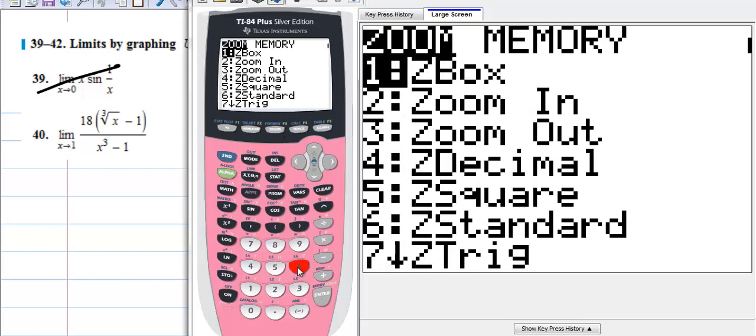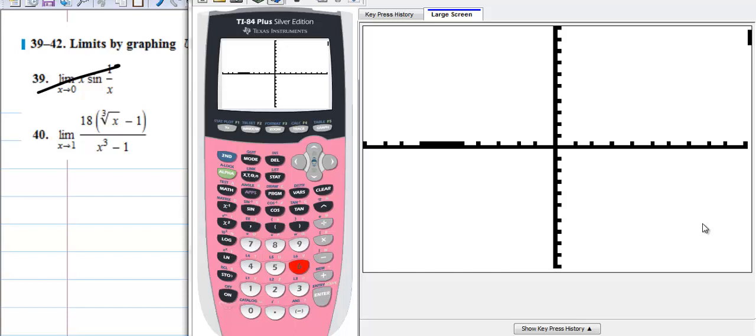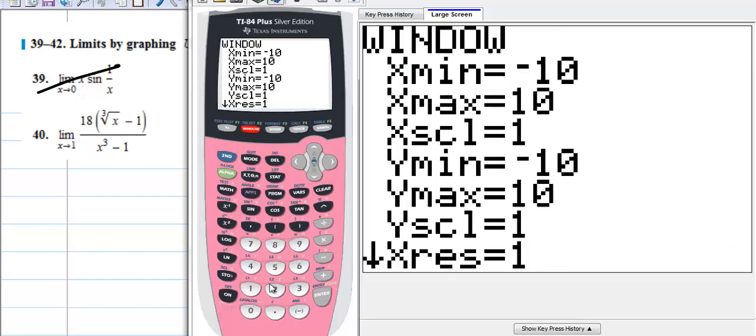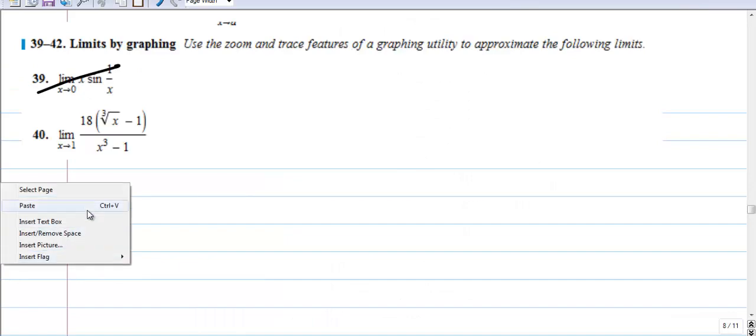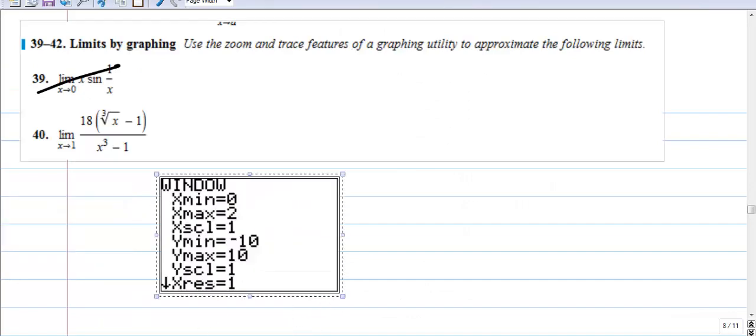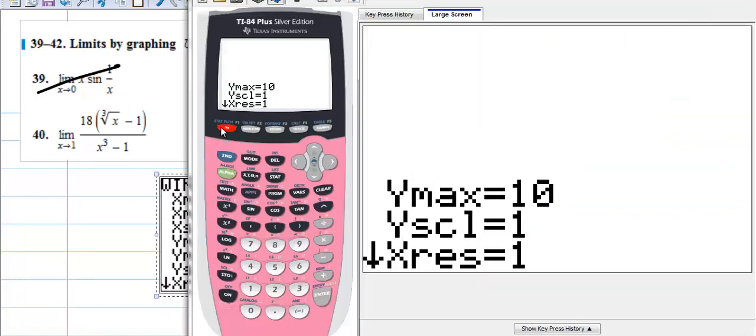If I'd been in the standard viewing window, this is what I would have seen. I possibly could have done it like this, and it would have been fine. But because I want x to be around the number 1, I thought going from 0 to 2 would be helpful. So I typed in my equation, hit graph, and adjusted my window so that I could see it.